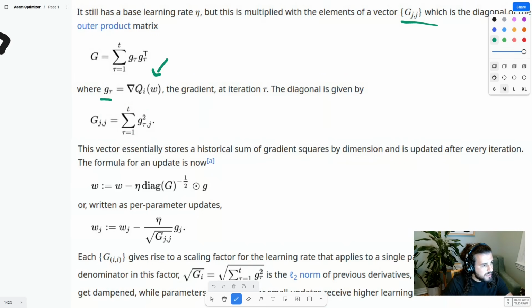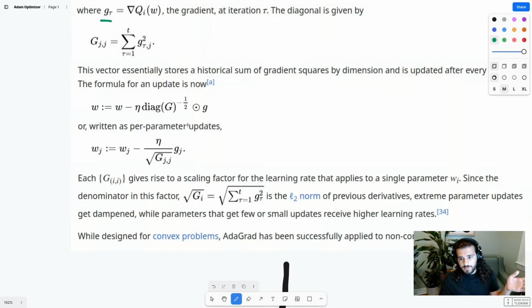We're going to scale the parameter with the square root of the summation over the past gradients. So if over the course of training the sum gets very large, it will get dampened a lot. If the sum is very small, the learning rate will not get dampened as much. That's the idea.